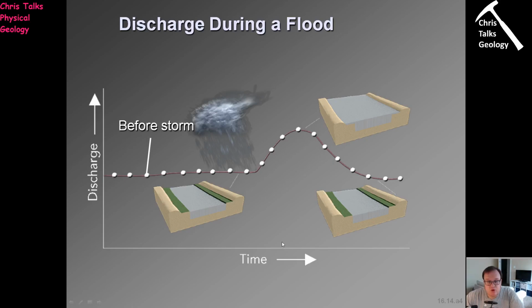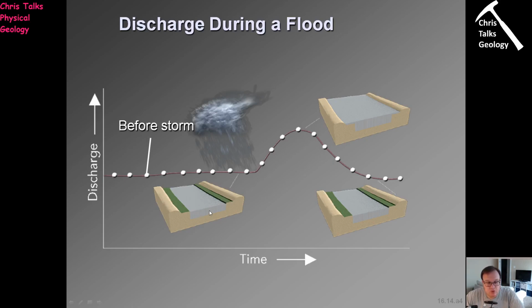So okay, what about the discharge during a flood? Well, the discharge during a flood is pretty much what you would expect. You have your base level, and obviously you're going to be happily going along your base level. When it's in your base level, your river is going to be within its channel and all is good with the universe. Obviously you're going to have some kind of event which is going to add a significant amount of water into your river valley, and that water is going to eventually enter your channel, and you're going to have an increase in discharge, aren't you?